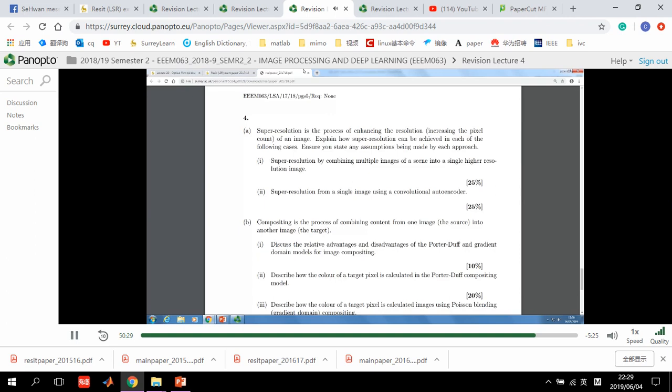On the other side, let's call this XL for the low-pass filtered version of X. On this side, we're going to have an image that's been generated from XL. Let's call it XL prime.